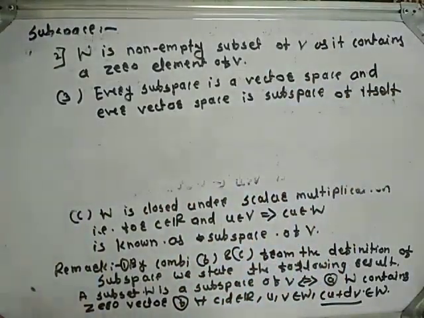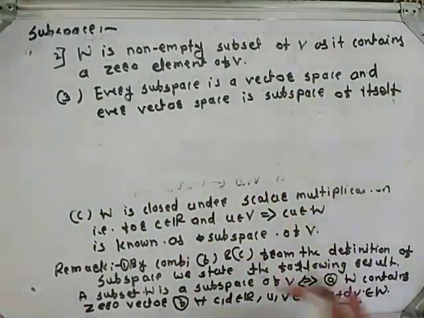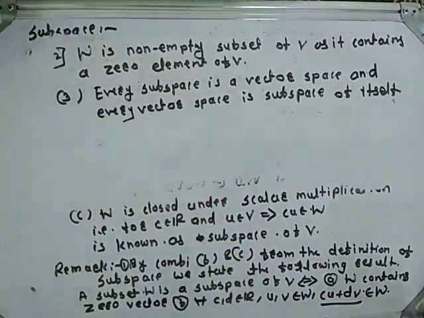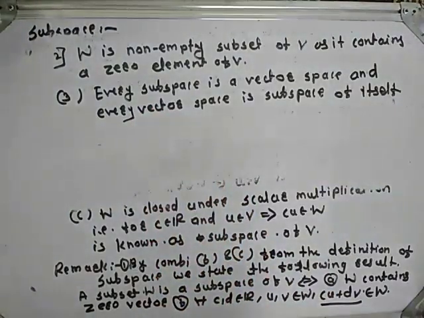Every subspace is a vector space, and every vector space is a subspace of itself. Okay, let us take some examples on subspace.